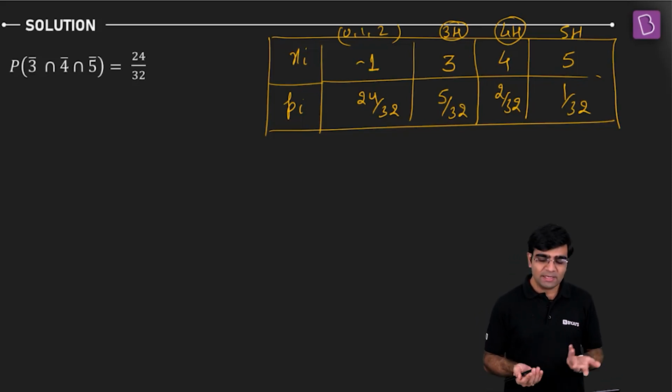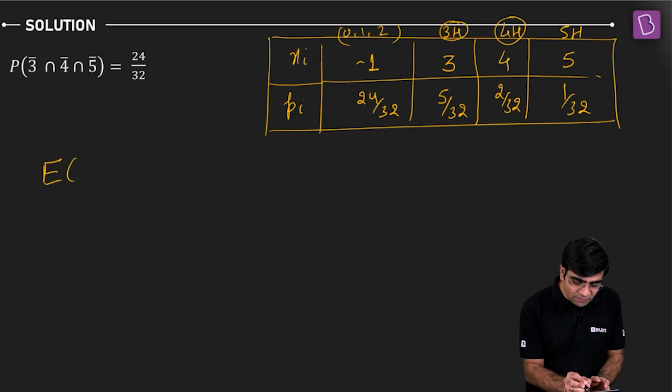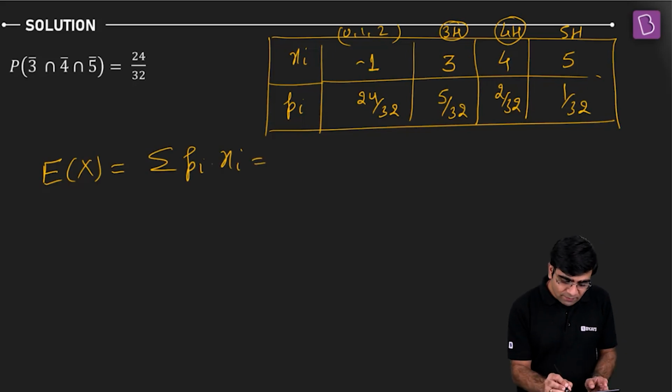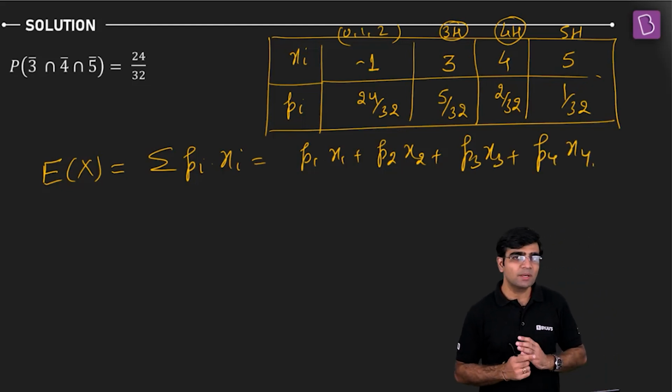What do I need? I just need that sigma pi xi. If I want the expectation value for the variable capital X, that will be nothing but sigma pi xi. That is, we'll have p1 x1 plus p2 x2 plus p3 x3 plus p4 x4 in this case. Are you getting my point?